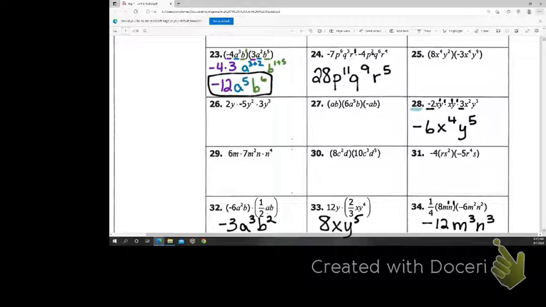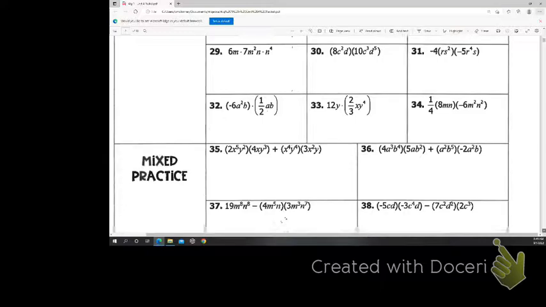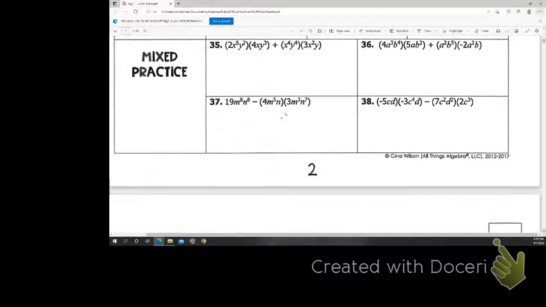All right, let's go now to the bottom of that page. And on the bottom of that page, where it says mixed practice, it's kind of more like combination practice. We're going to use the product rule, and then after we use the product rule, we'll combine like terms and add and subtract things together.